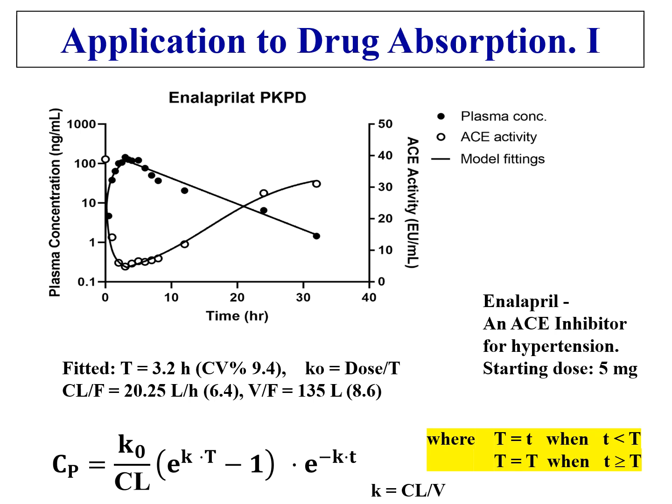It was fitted to be 3.2 hours. K0 was dose, or might be F dose over tau. So the zero order input for drug absorption is the dose divided by the duration of absorption. And then the data would yield the clearance and the volume of distribution, because we have clearance in the equation and the K value gives us the volume term.